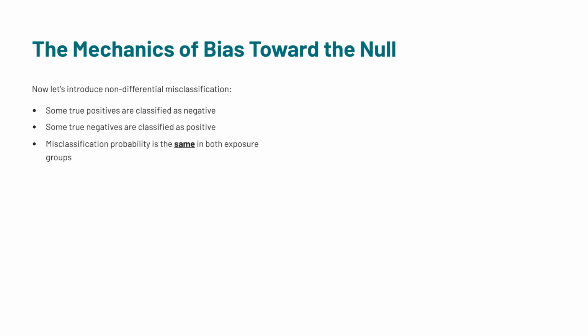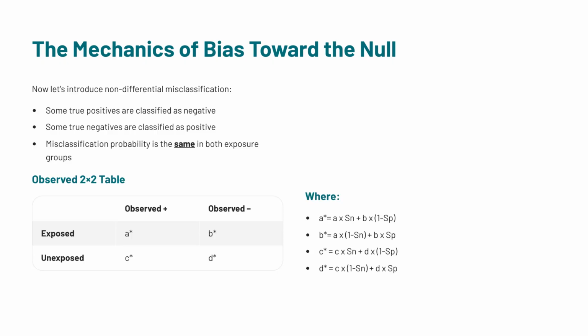Now, let's start introducing measurement error. For example, we might get some true positive cases getting recorded as negatives, and some true negatives getting recorded as positives. This is now our observed 2x2 table with star values. The equations here show how observed counts for cells A through D depend on the sensitivity and specificity of the algorithm used to capture the outcome.